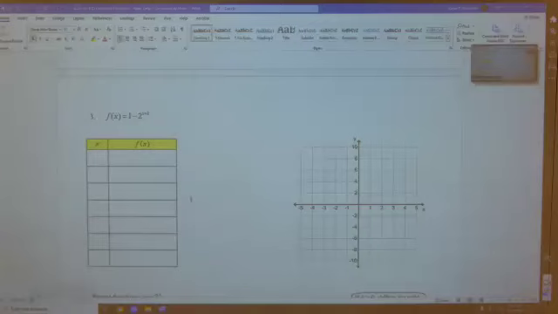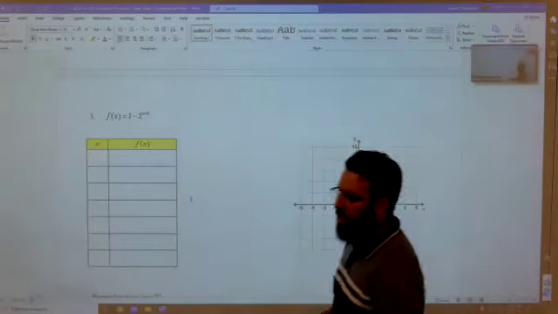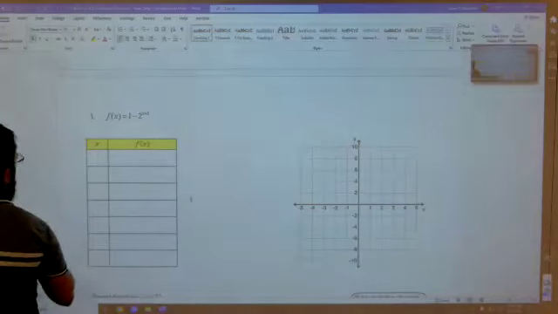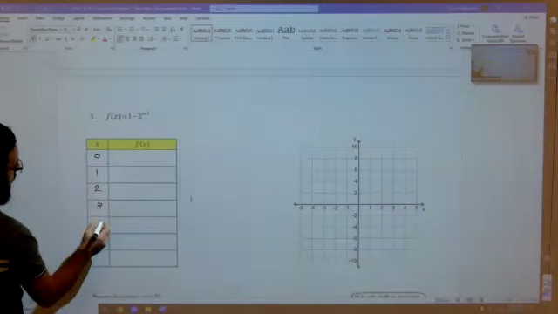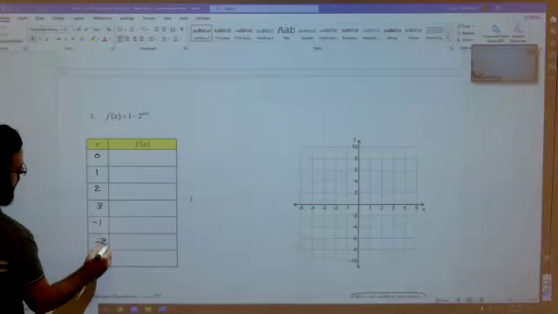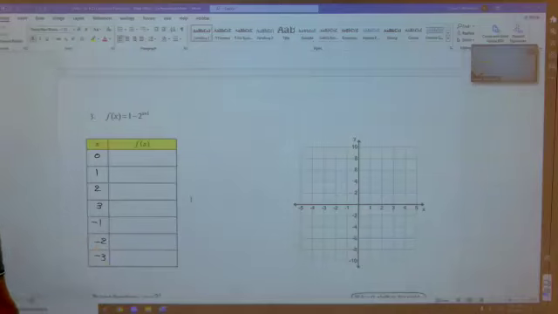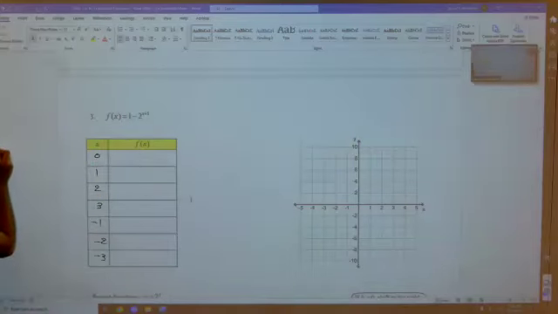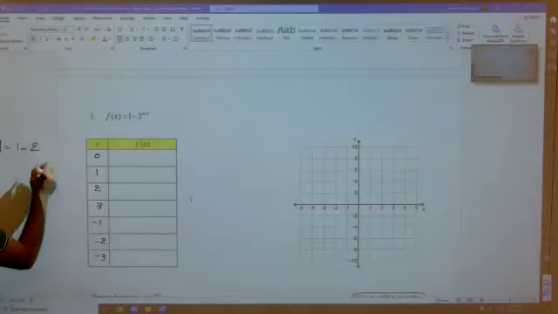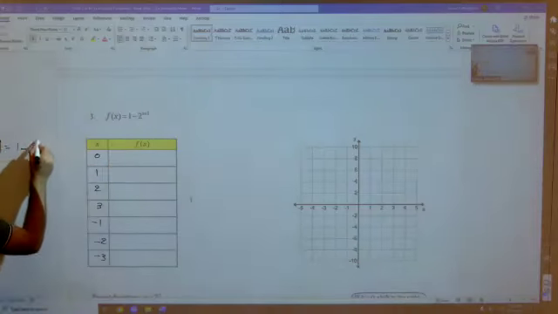Okay. So for the third example we're going to choose the same numbers. We said 0, 1, 2, 3, -1, -2, -3. Plug in 0 here, which means y is going to be equal to 1 minus 2 to the 0 plus 1.